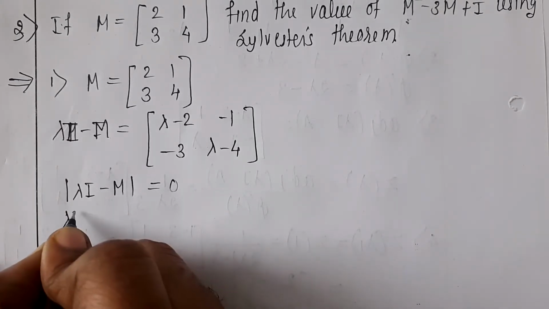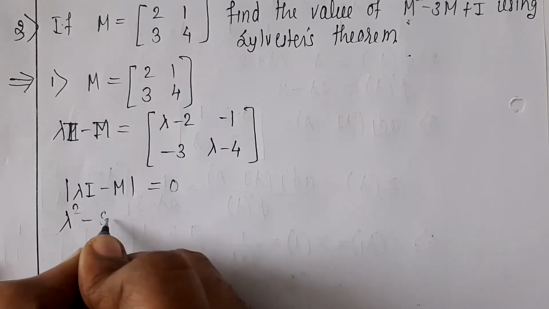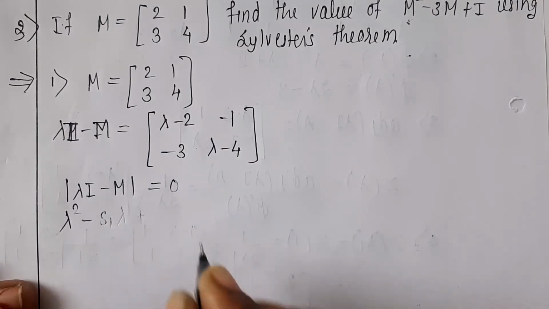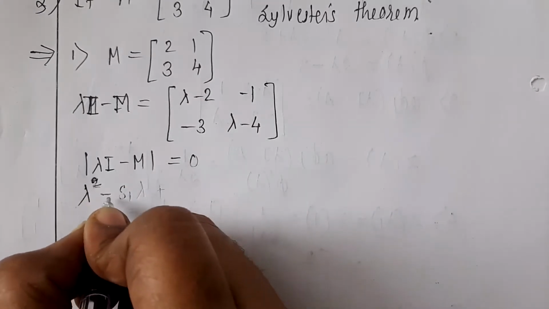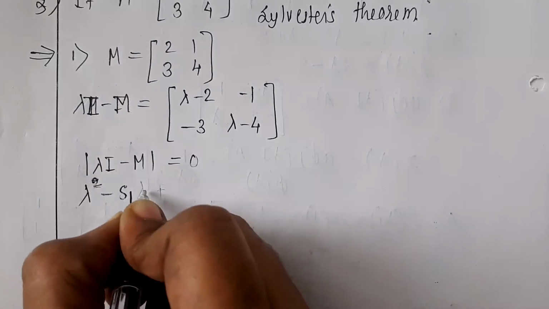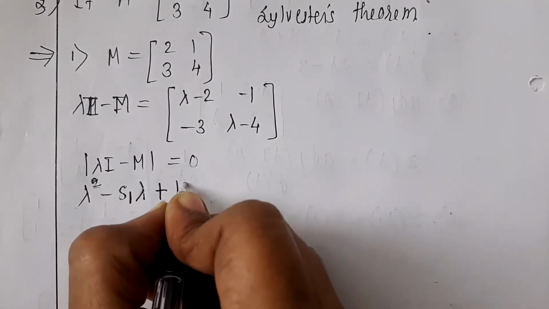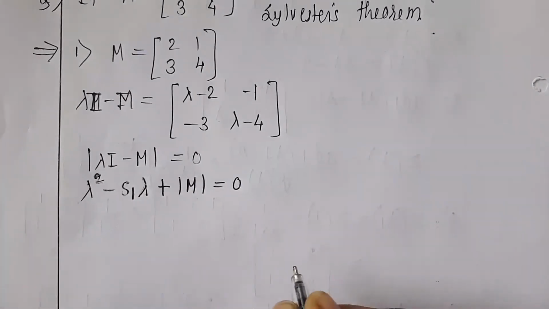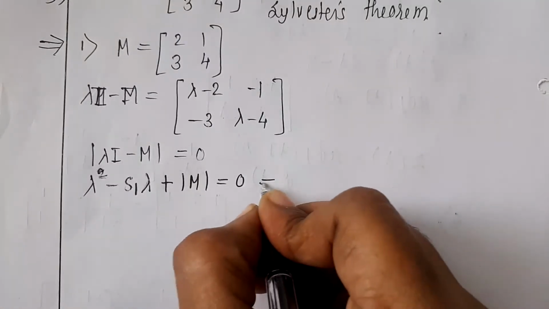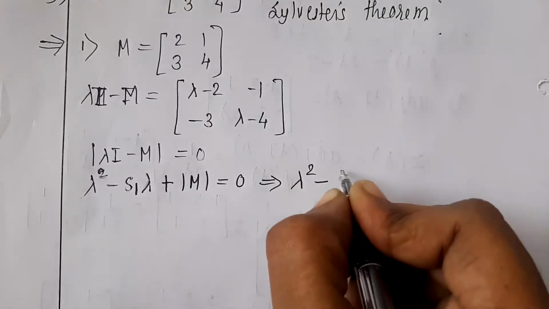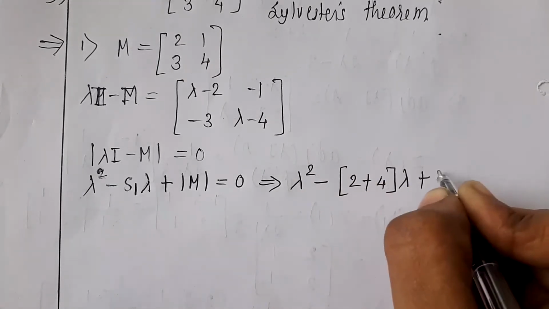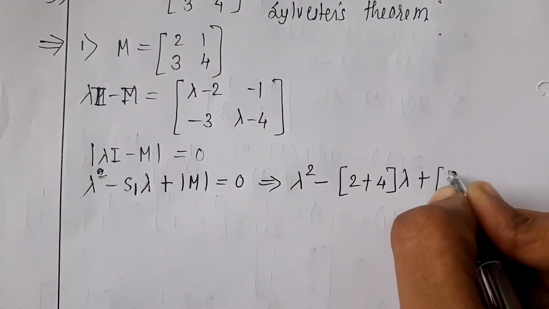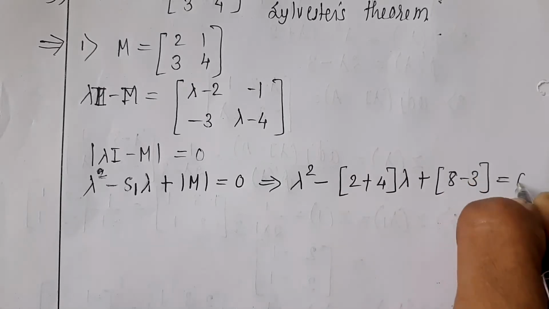So the equation is lambda square minus S1 lambda plus determinant of M is equal to 0. Lambda square minus S1, where S1 is the sum of diagonal elements, plus determinant of M. So it is 8, minus 3, is equal to 0.